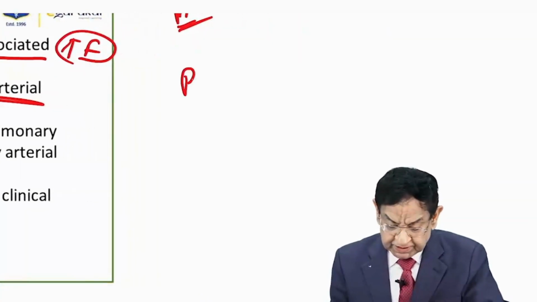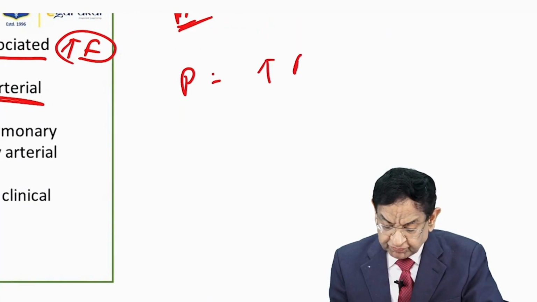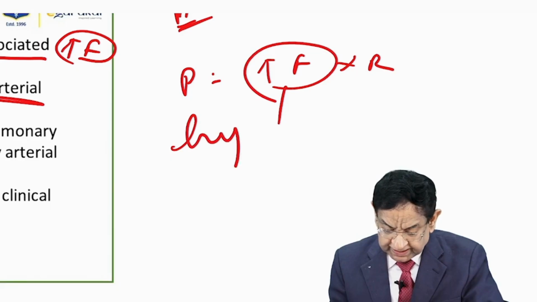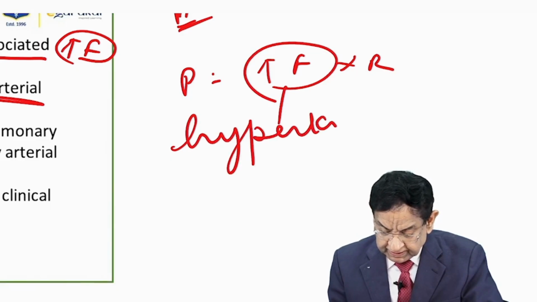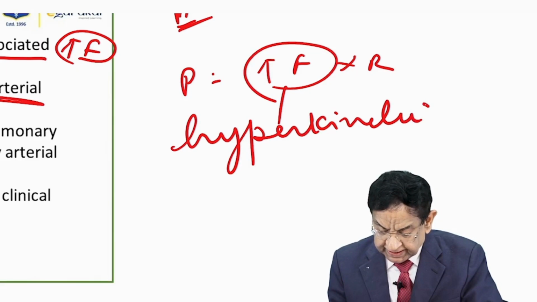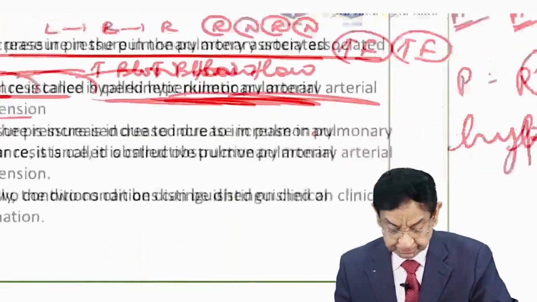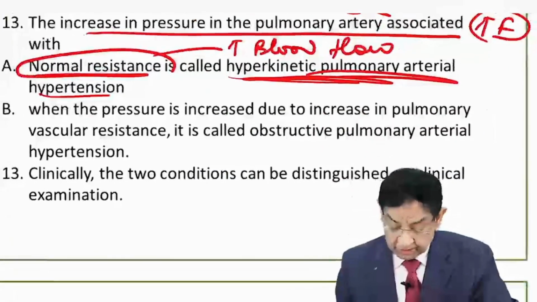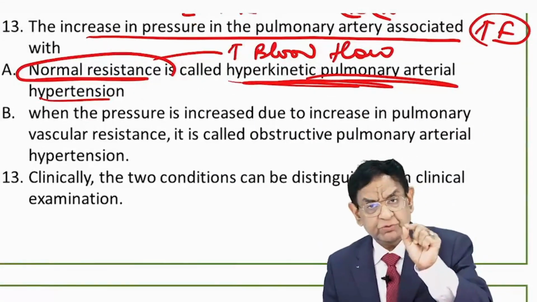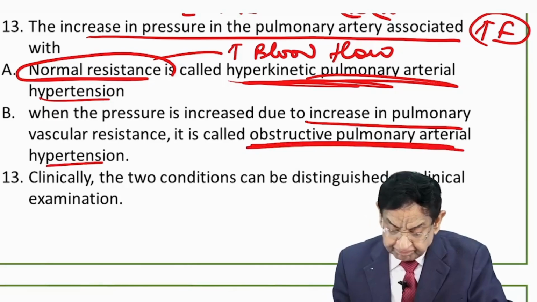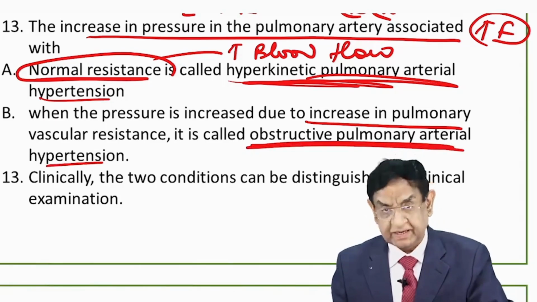Okay, pressure is equal to increased flow into resistance. This is so-called hyperkinetic pulmonary arterial hypertension. Now, if the pressure is due to increased resistance, we call it obstructive pulmonary arterial hypertension.